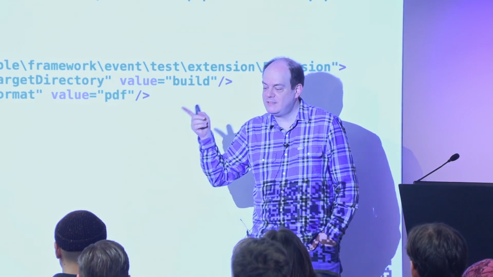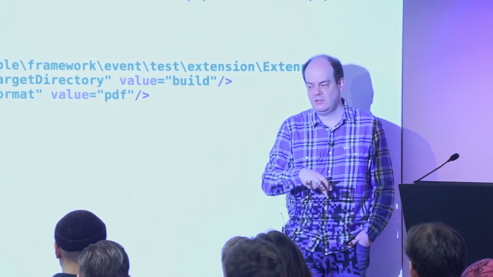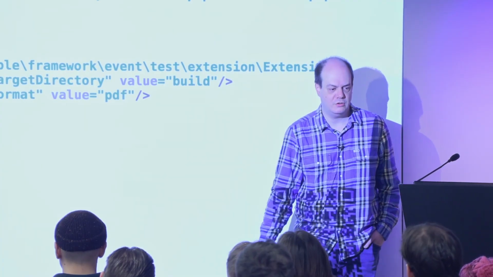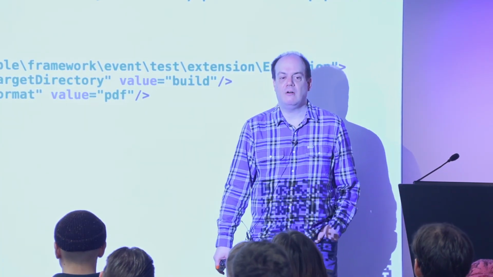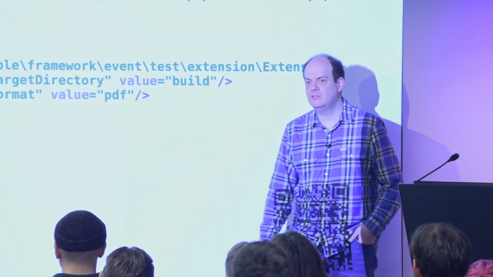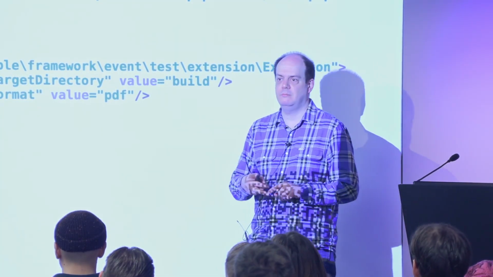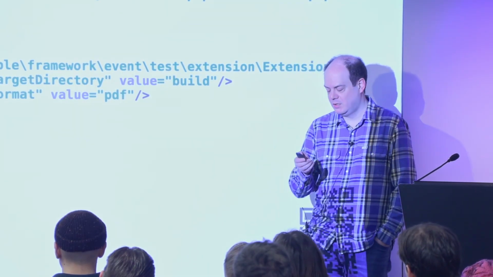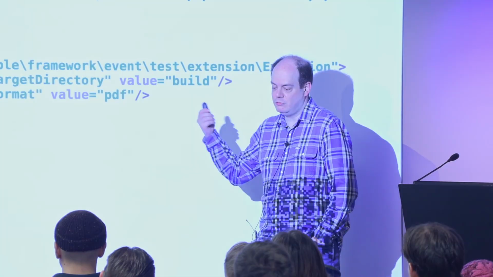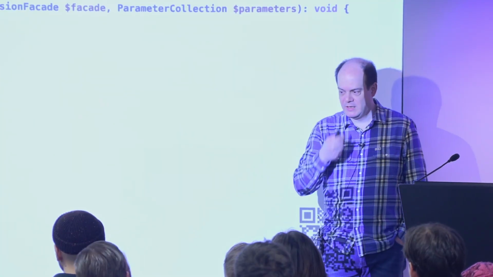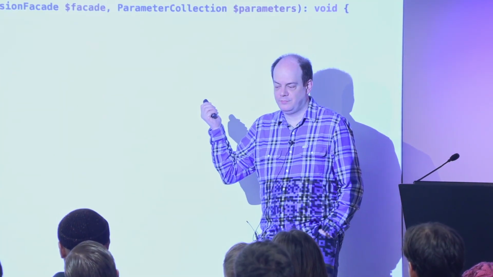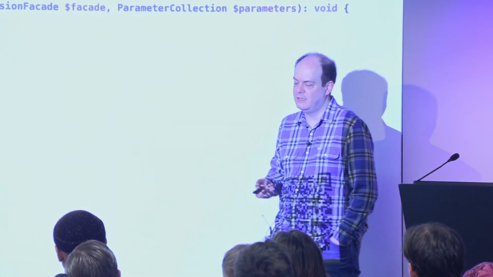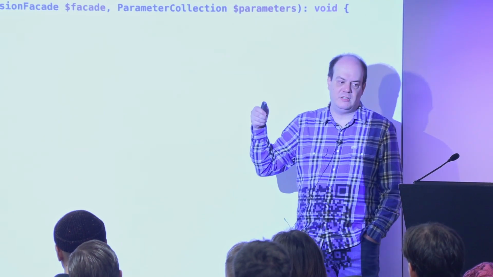Our example extension takes two parameters: a directory where the graphics files, the visualizations, are to be stored, and our desired format. Formats supported are PDF, SVG, PostScript, basically everything that is supported by GraphViz, which is what I use to render these graphics. And then we have our extension class that we just registered in the XML configuration file for PHPUnit. It implements the extension interface from PHPUnit.